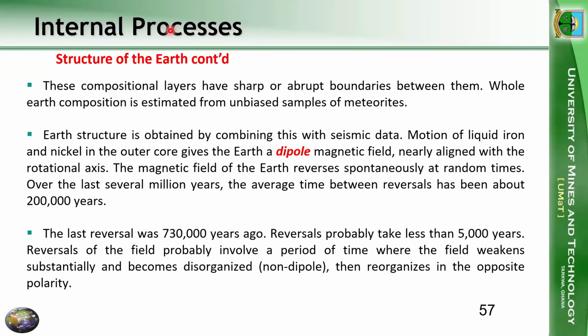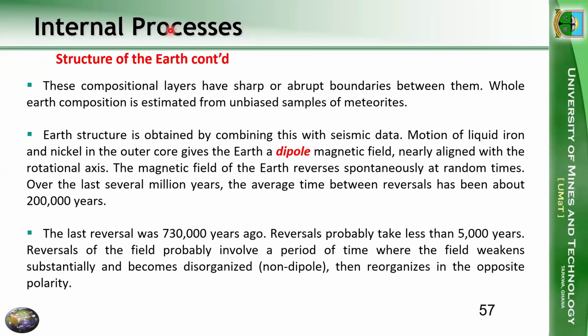Because of this, the whole planet acts as a magnet, with a magnetic field around the Earth. So the magnetic field around the Earth more or less originates from the outer core.